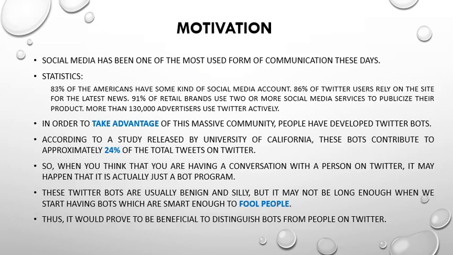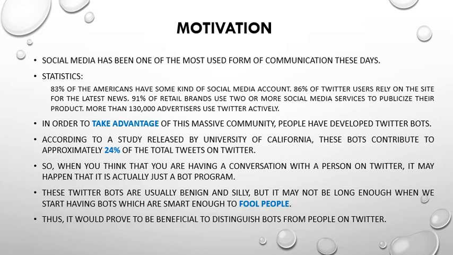The motivation behind this project is all about social media. As per the statistics, 83% of Americans have some kind of social media account. Most of them use Twitter because that is the fastest social media which could reach many people instantly.